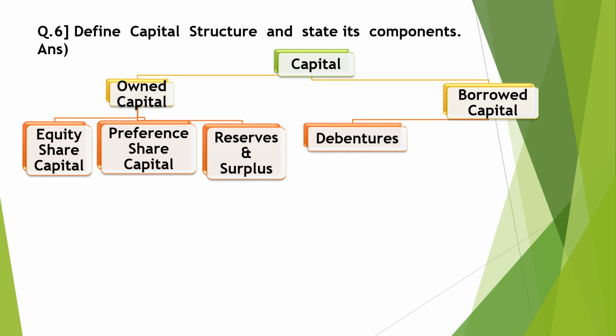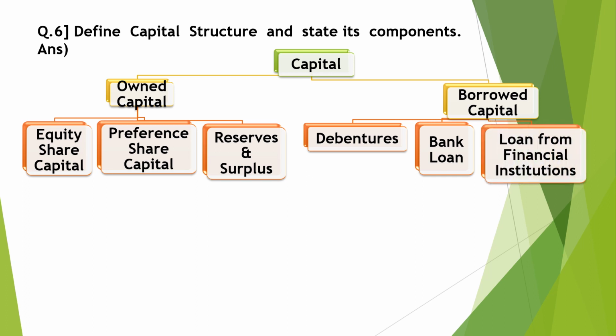Examples of borrowed capital could be in the form of debentures, taking loans from banks, and taking loans from financial institutions. Besides this, it can also accept public deposits and so on. So, from this, we can conclude that the capital of a joint stock company comprises owned capital, that is equity share capital, preference share capital, reserves and surplus.